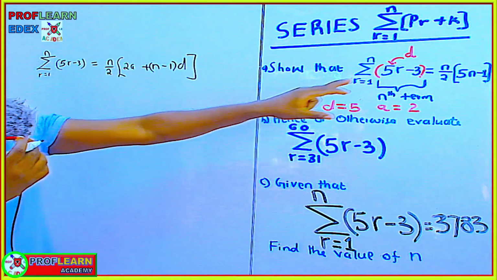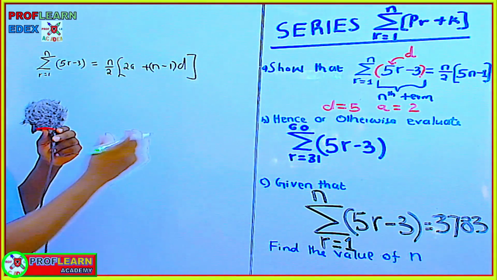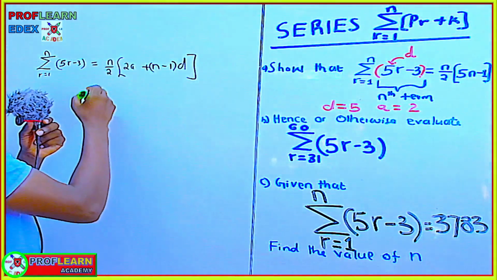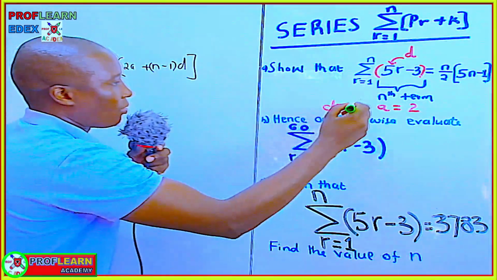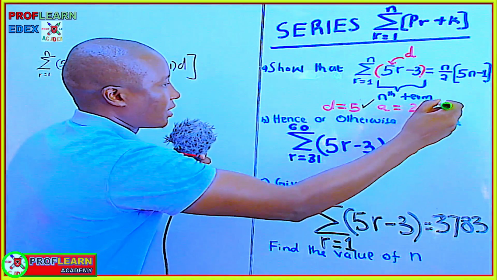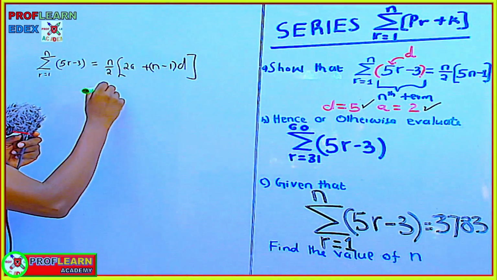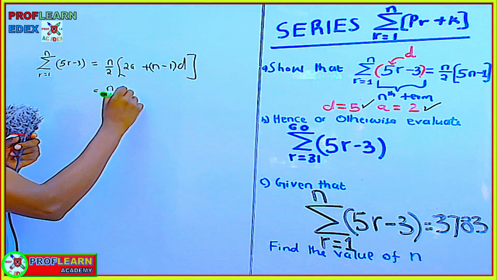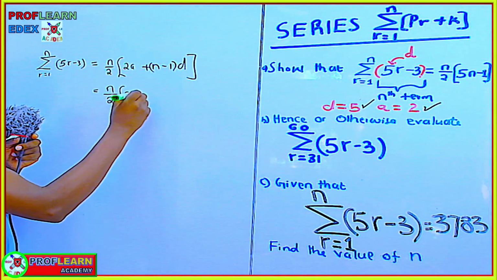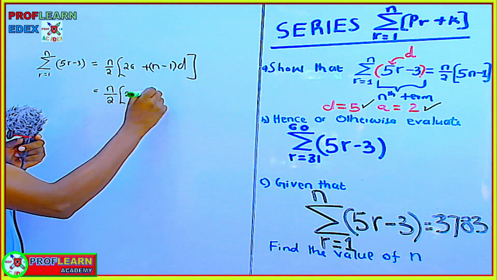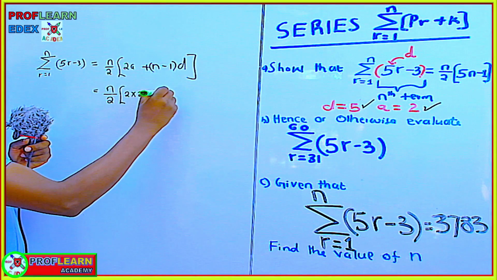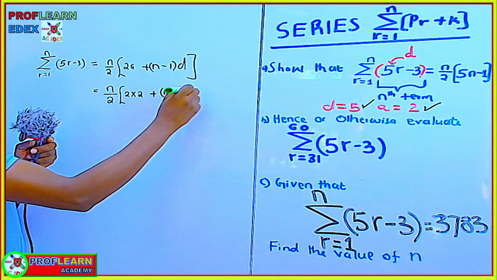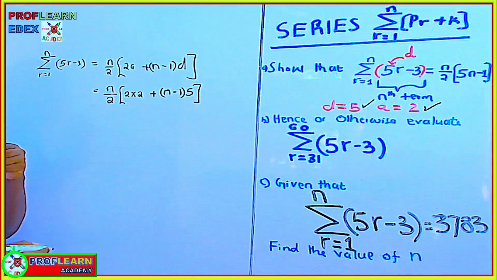Because this is an arithmetic series, we are going to say it is equal to that. But we have identified that our common difference is 5 and the first term is 2. So this is n over 2 into bracket 2 times the first term, which is 2, plus n minus 1 into the common difference, which is 5.